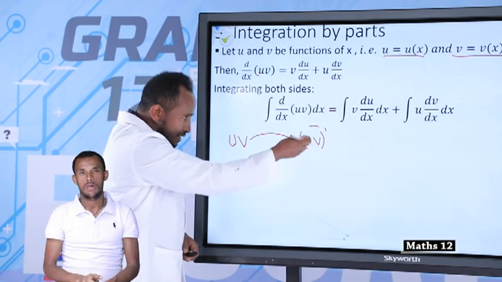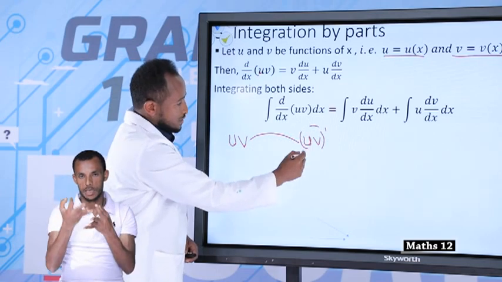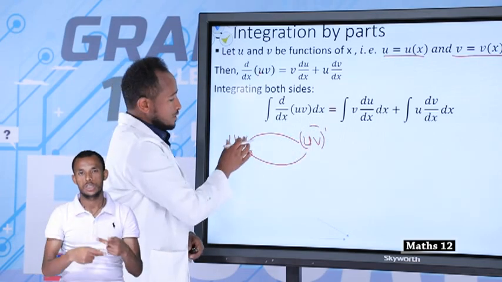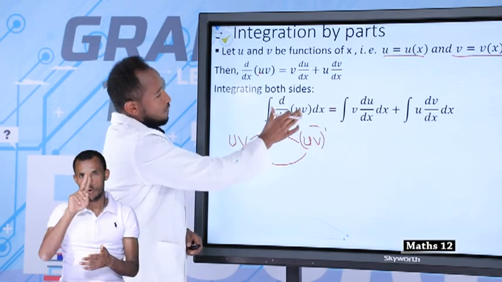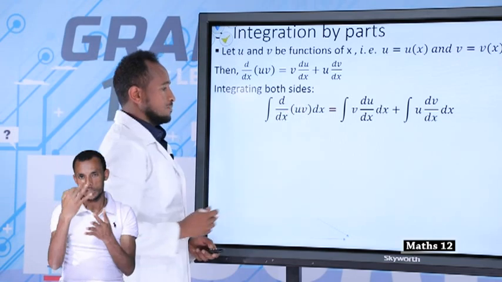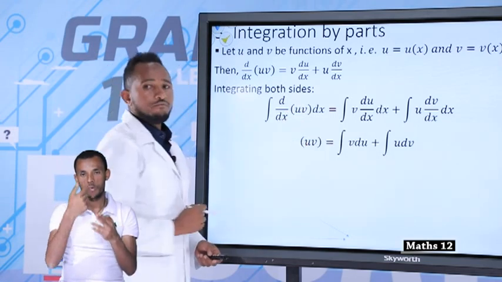So the integral of this expression is simply the reverse process: the integral of this expression will be uv. Therefore, the integral of this expression is simply u times v.